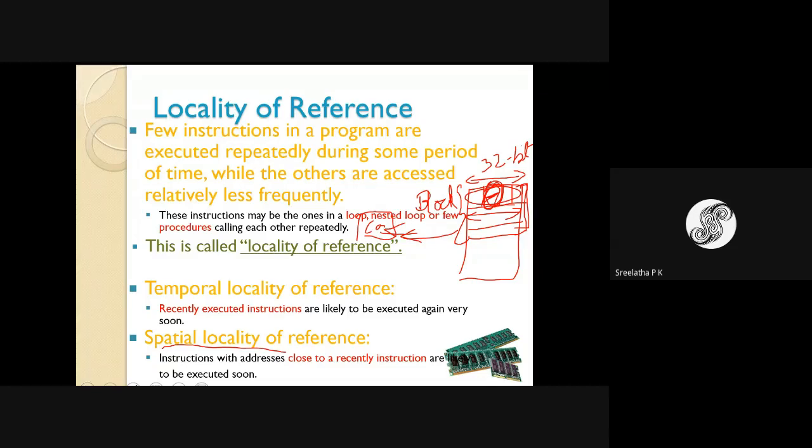Locality of reference means the instructions which are recently executed, or which the processor and operating system assume will be executed next. When I'm referring to a particular instruction, the instructions near to it, and recently executed instructions, are copied to cache memory.